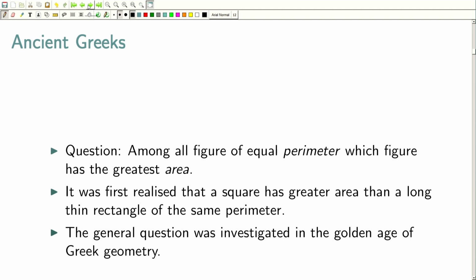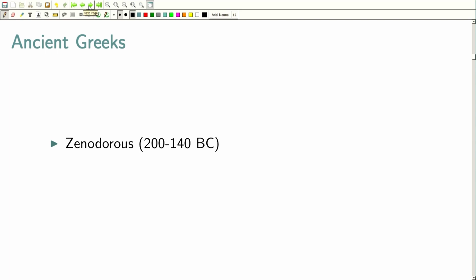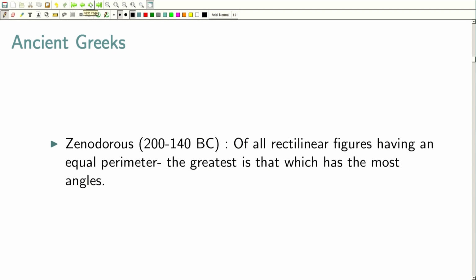The general question was investigated in the golden age of Greek geometry. So, Zenodorus, from 200 to 140 BC, showed that of all rectilinear figures having an equal perimeter, the greatest is that which has the most angles.